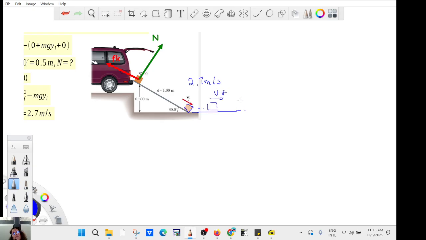And all of a sudden it's going to stop. So the speed is decreasing. It's decelerating because you have a net force. The net force is to the left. So here it has kinetic energy, and here it has no energy because of the work done by friction.